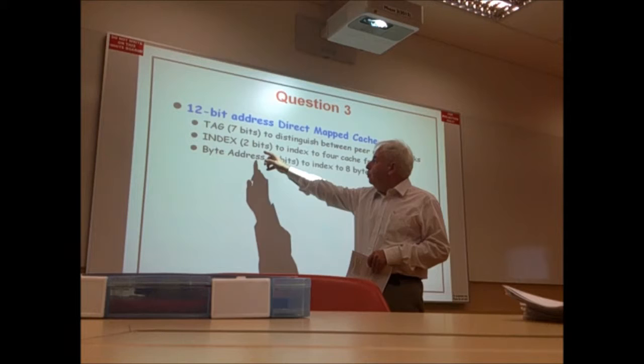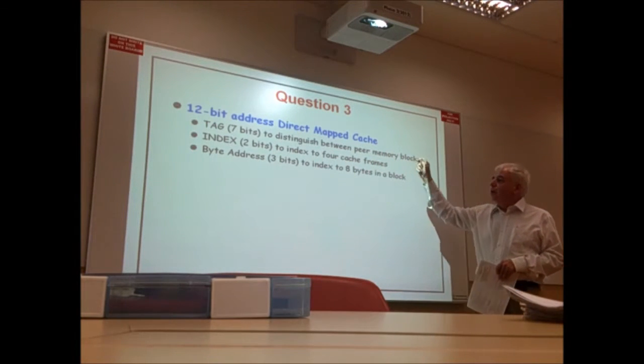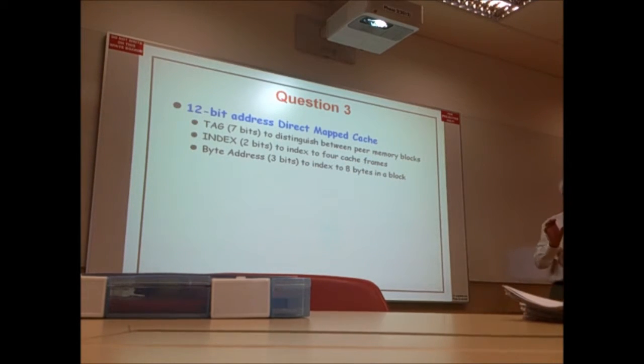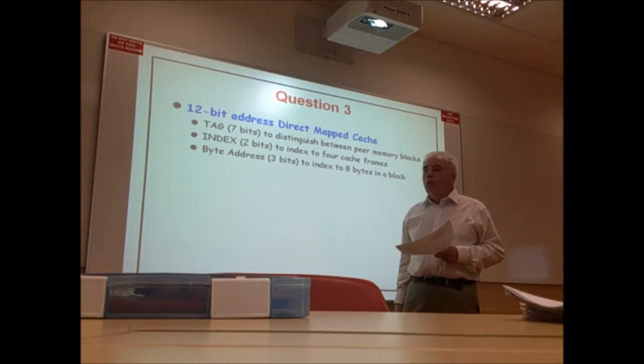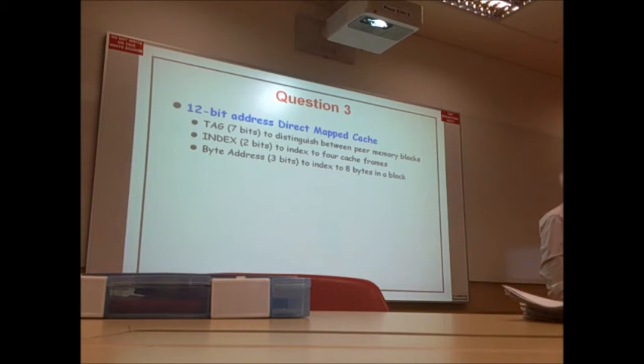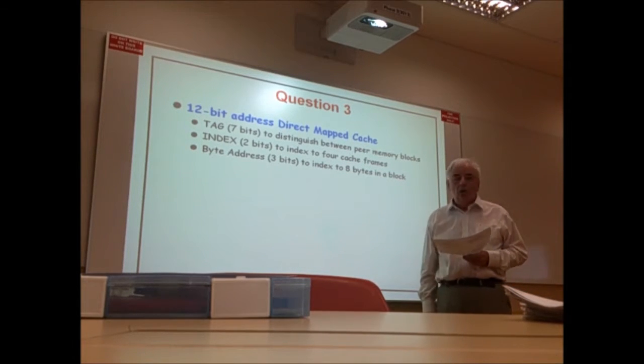We have 4 cache frames, or 4 cache blocks, because the cache size is 8 words and each cache block is 2 words. So we need 2 bits to index to a particular cache frame. Within a block we have 2 words or 8 bytes, so we have 3 bits to index to the 8 bytes in a block.